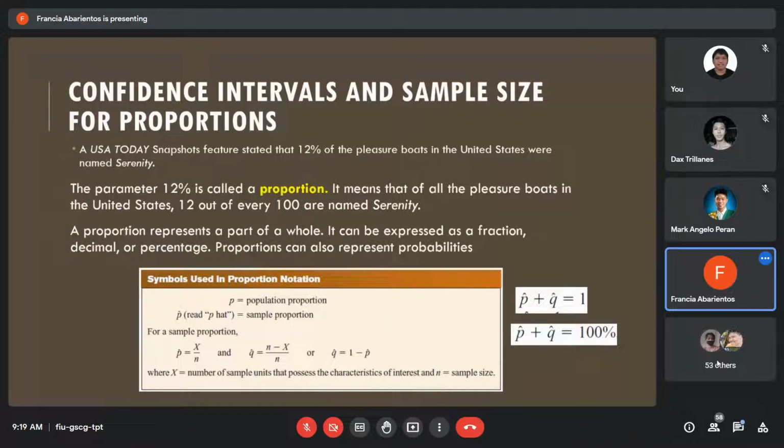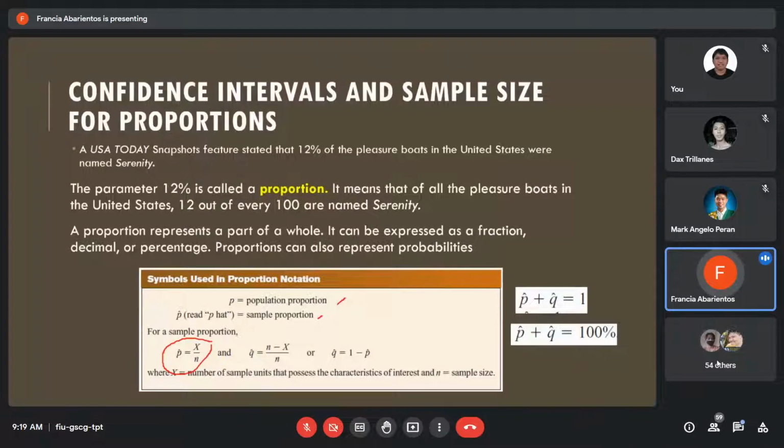Yan. Ito class, the population proportion, and we have the p hat, the sample proportion. In finding this, you just need to find the number of sample units, yung x natin, that possesses the characteristic of interest over the sample size.